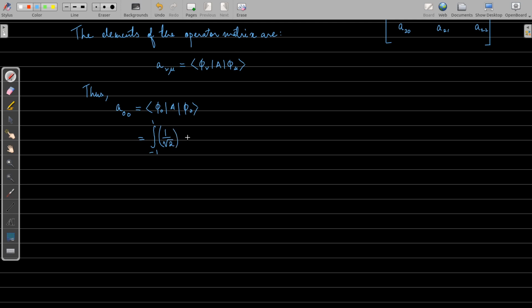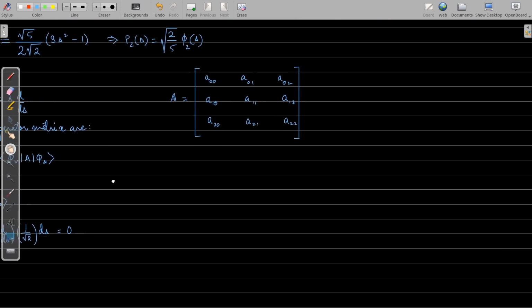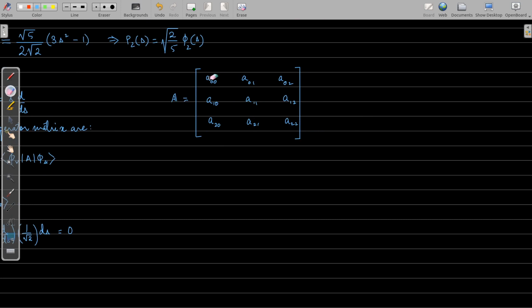Then A is equal to S into d by ds, and again phi 0 is 1 by square root of 2 times ds. Now this will obviously be 0 because this differentiation operator operates on a constant, and the result is going to be 0. So a00 is going to be 0. So we will have a 0 over here.